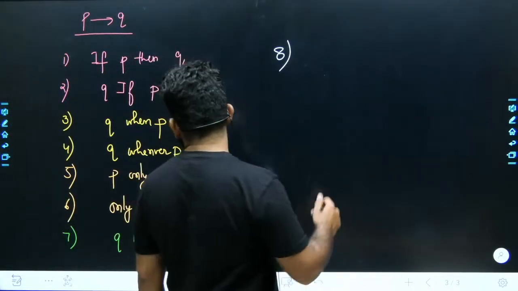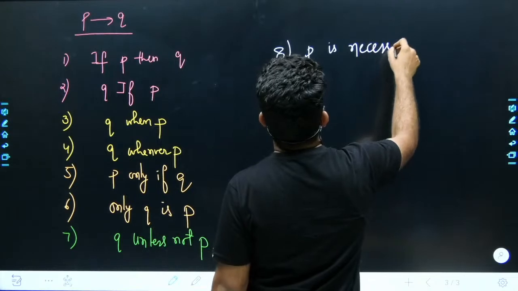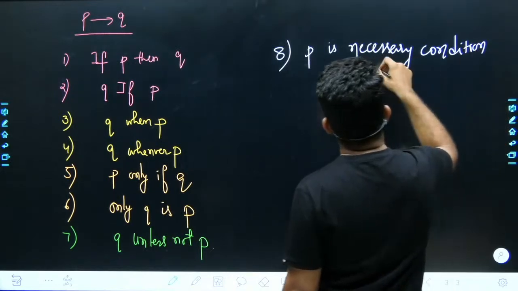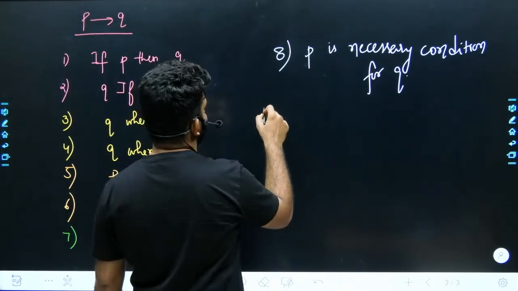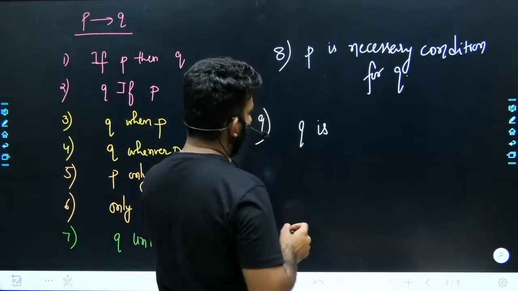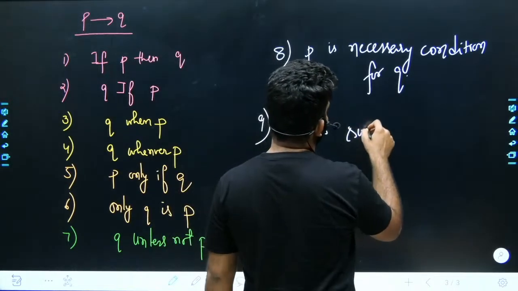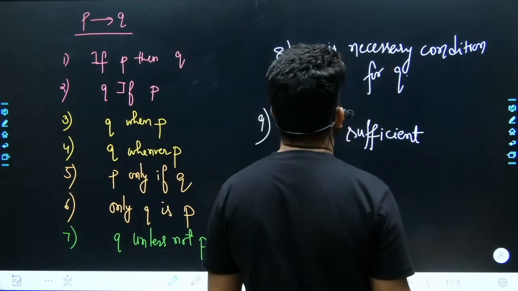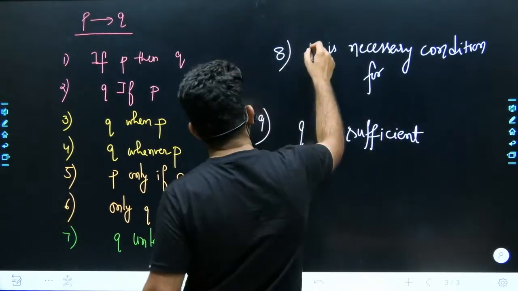The next one is P is a necessary condition for Q. Ninth is Q is a sufficient condition for P. Oh sorry, I need to change the order over here.